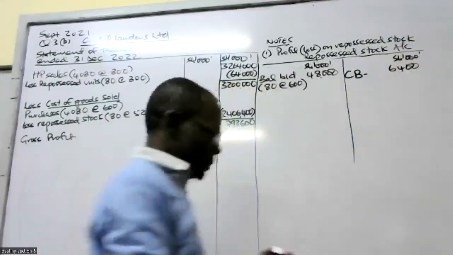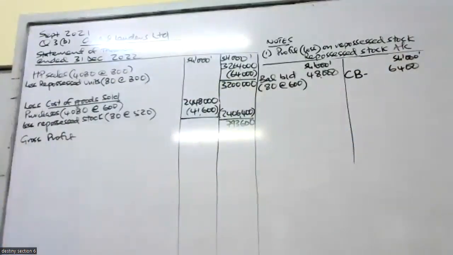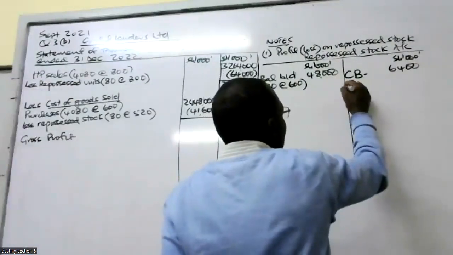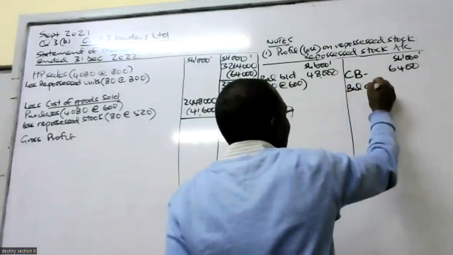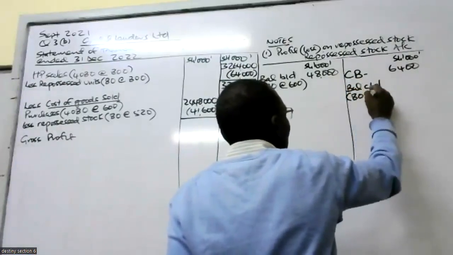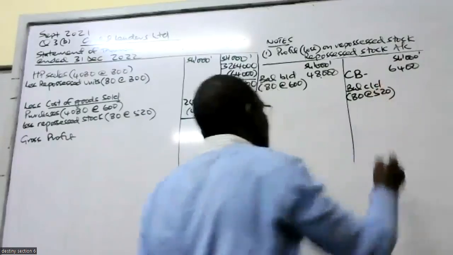So that was cash they have received on the 80 units. Then when the stock came back, it was valued at 520. So we have a balance carried down at the end of the year, the same 80, but now valued at 520.